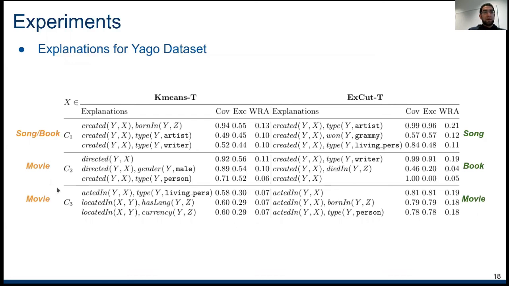All rules have low exclusive coverage and weighted relative accuracy. While on the right side, we can see that the 3 clusters were reconstructed as songs, books, and movies, and the explanation gave an easy-to-read summary with high-quality exclusive coverage and weighted relative accuracy.